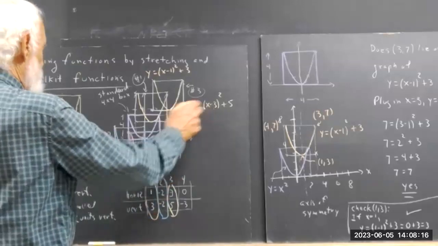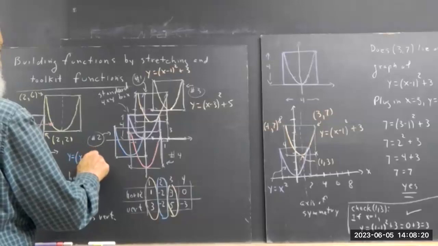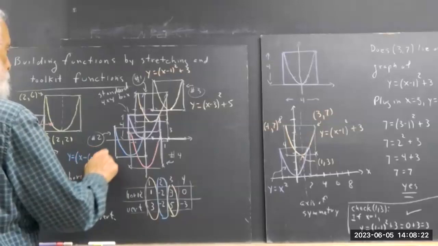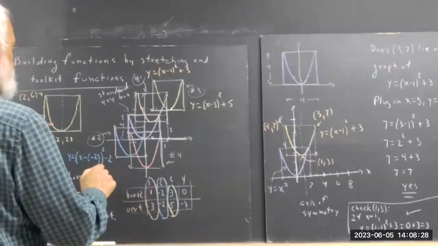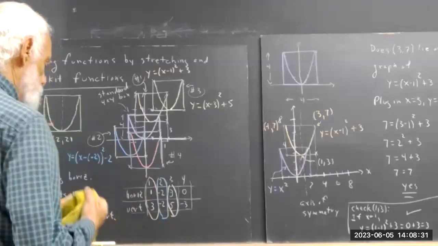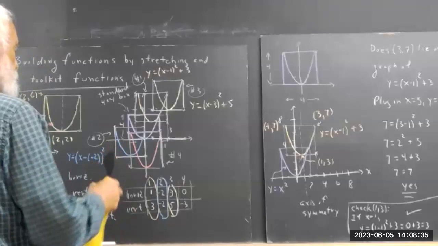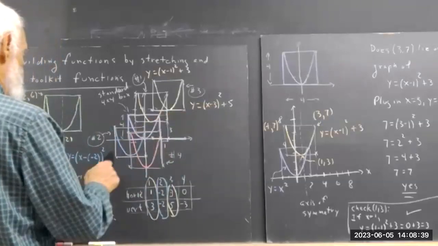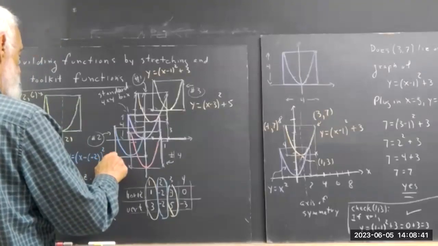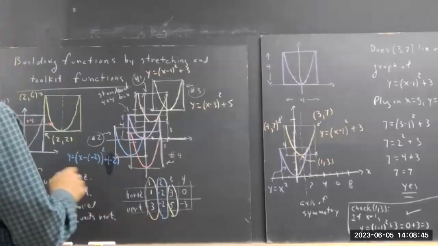We're just going to write the X minus negative 2 squared, and if we write it out literally, according to the pattern we've got here, it's a plus, plus a -2.